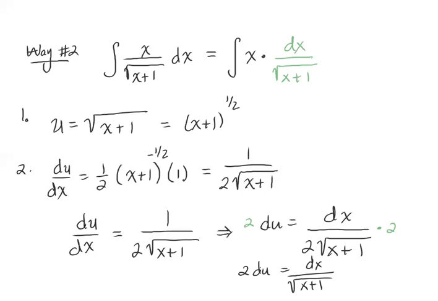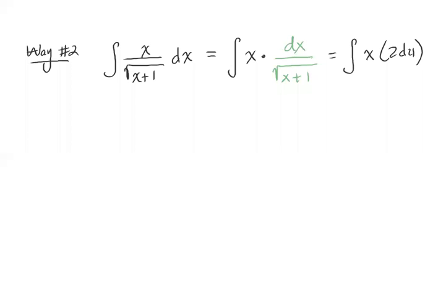So I can substitute. That term on top becomes the integral of x times 2 du. All right. Okay, now let's look at our integrand. Integral of x times 2 du.